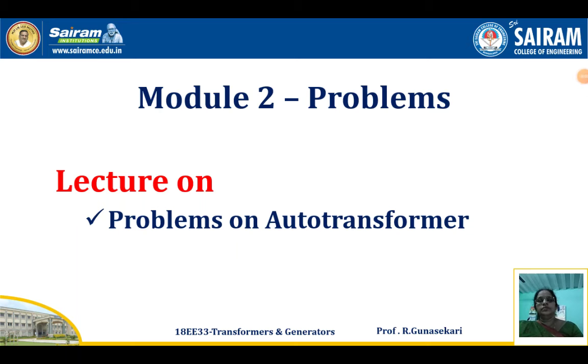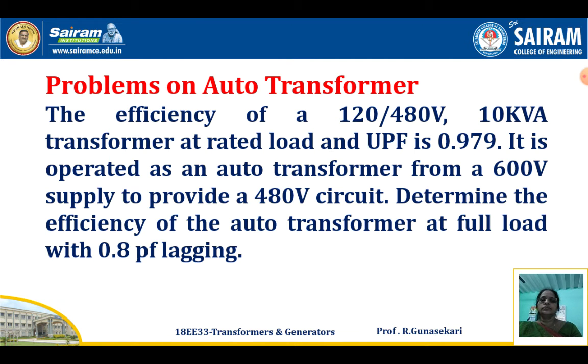Students, now we solve the problems on auto transformer. First, read the problem. The efficiency of a 120 volt to 480 volt, 10 kVA transformer at rated load and unity power factor is 0.979.